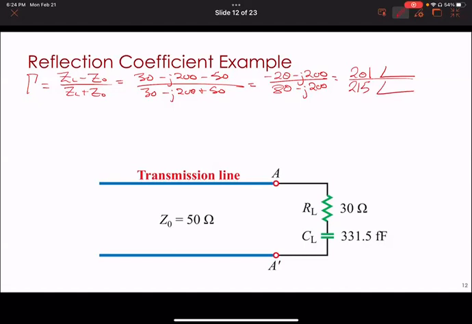Let's do the angle of the top one. Let's do it in degrees. So we want the angle of minus 20 minus J200 converted to polar form. What is the angle of that? Do we have anybody else?